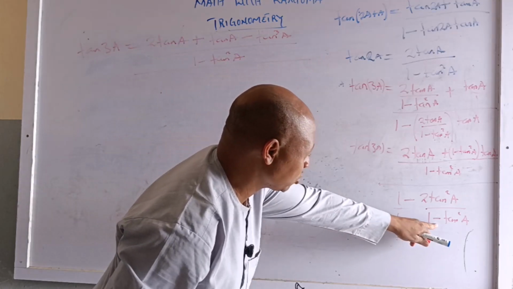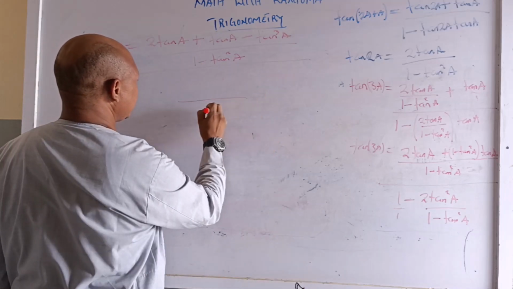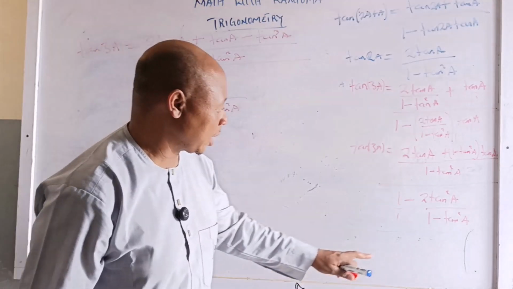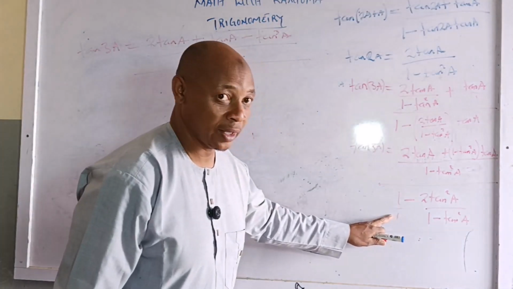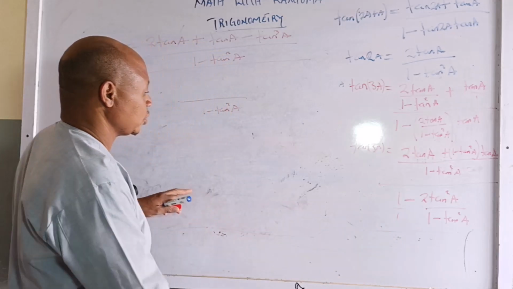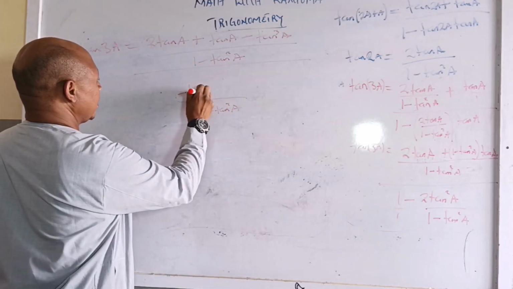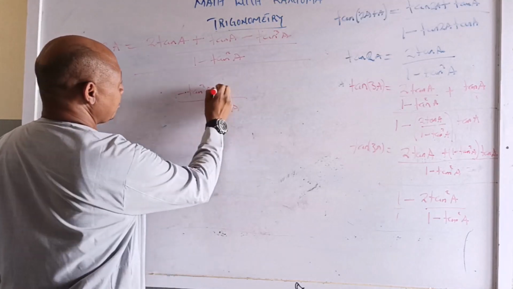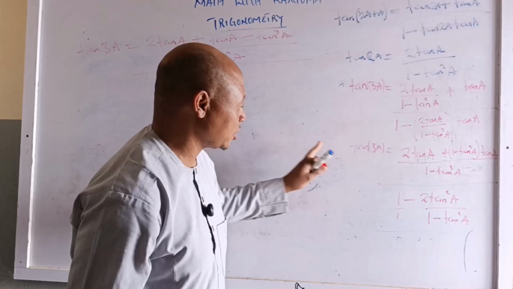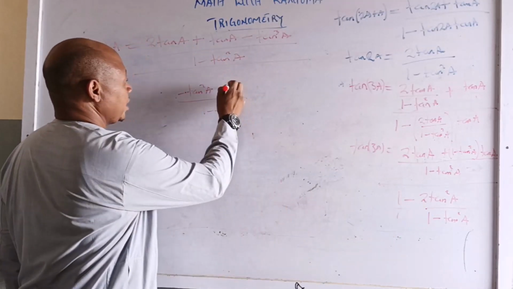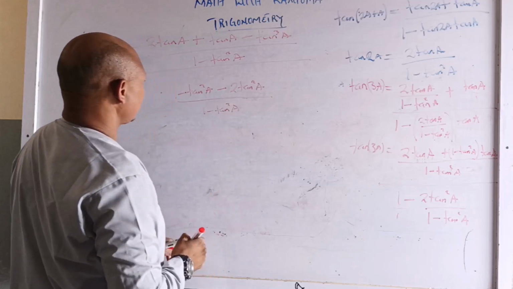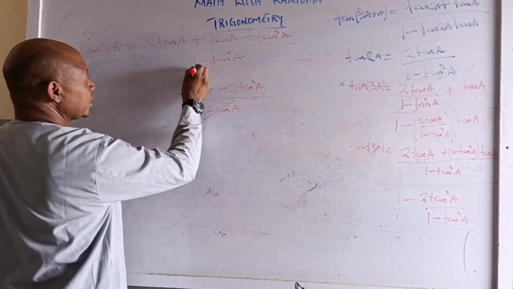Take the LCM. The LCM is also 1 minus tan square A. So now 1 minus tan square A times 1 is 1 minus tan square A. So we have 1 minus tan square A, then minus 2 tan square A, since 1 minus tan square A divided by 1 minus tan square A is 1, and 1 times 2 tan square A is 2 tan square A. So this LCM can go with this LCM.